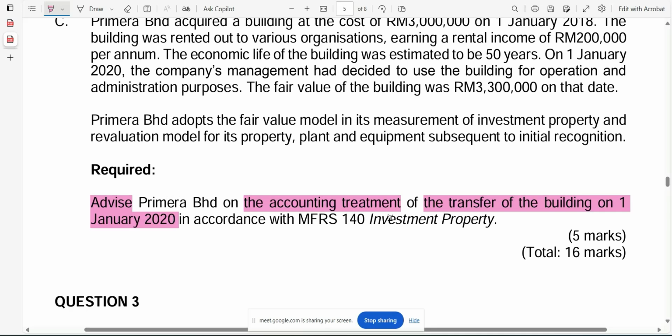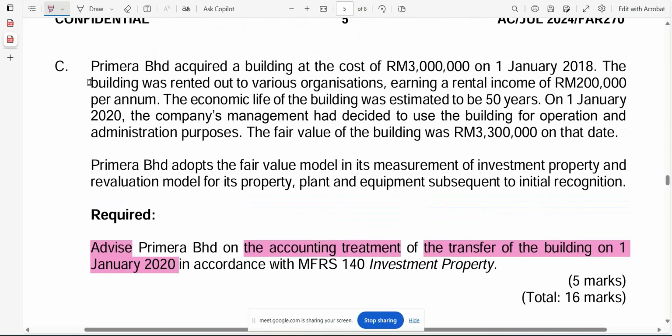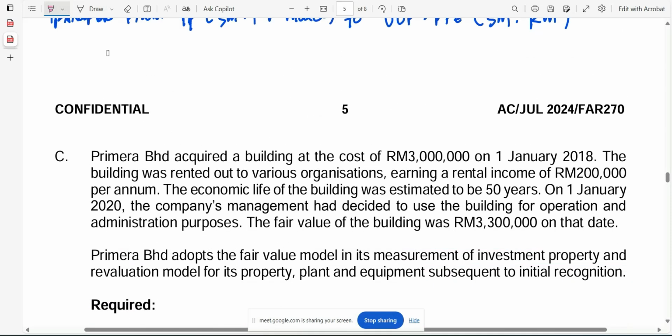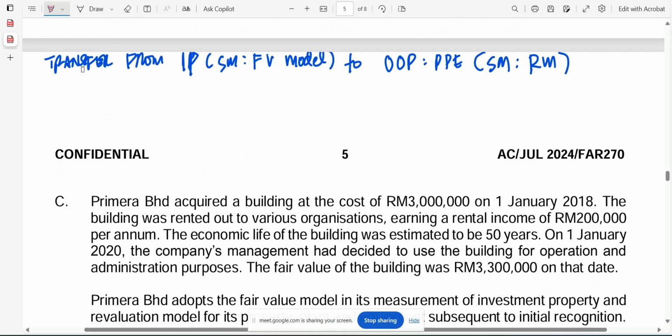Whether the transfer is from IP to PPE is not mentioned in the requirement. So you need to read and decide whether it is a transfer from IP to PPE or PPE to IP. But this one is an example of transfer from IP to PPE. So you have acquired a building, and the cost of that building is 3 million.